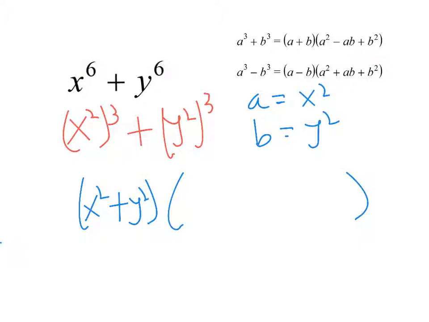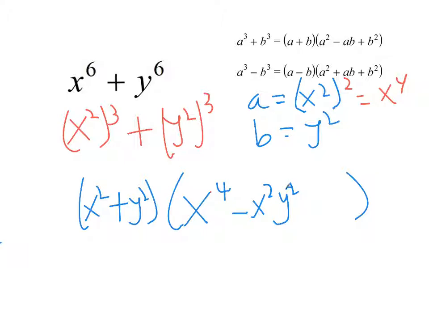Now be careful again, because it's a common mistake. When you do a squared, you will get x to the fourth. That's our a squared, x to the fourth. And then we're going to go to minus ab, so minus x squared y squared.